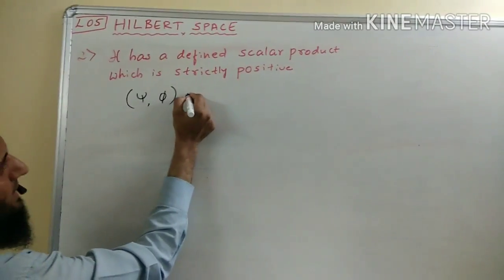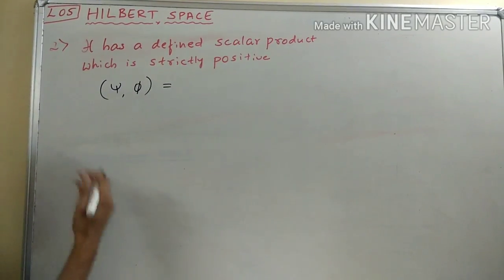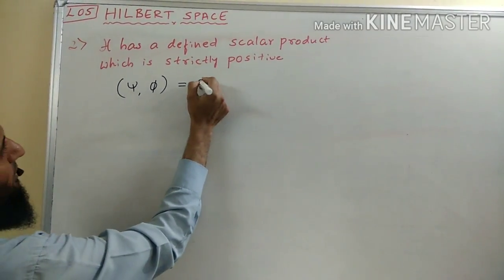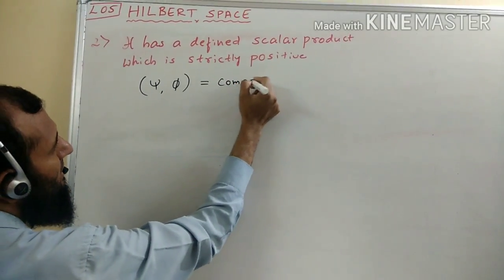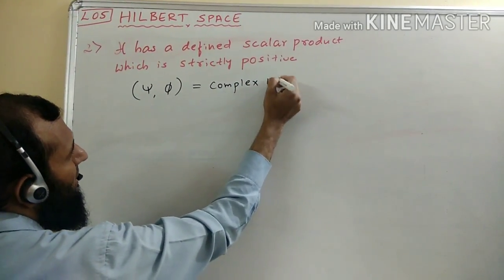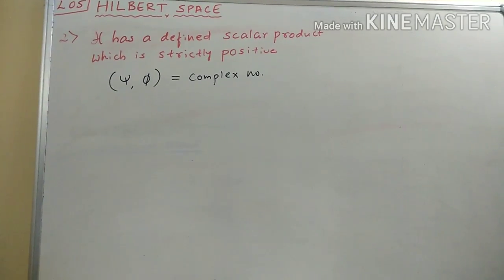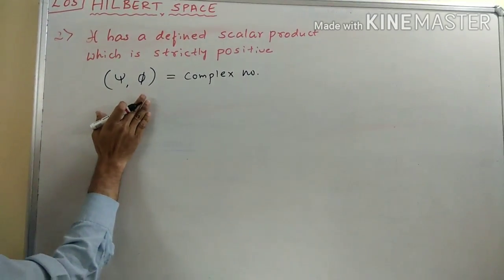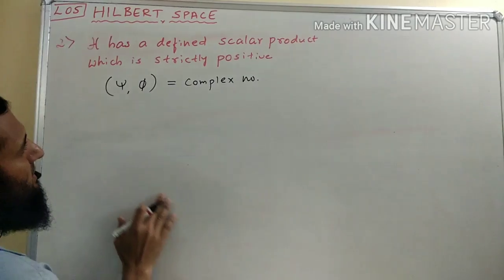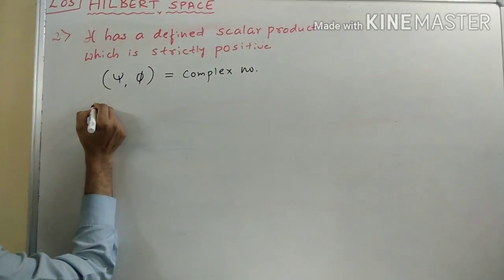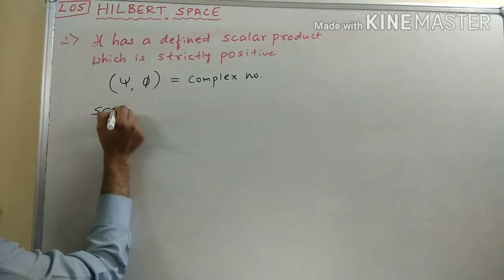When we evaluate the scalar product, we get a complex number. And there are some properties of the scalar product.